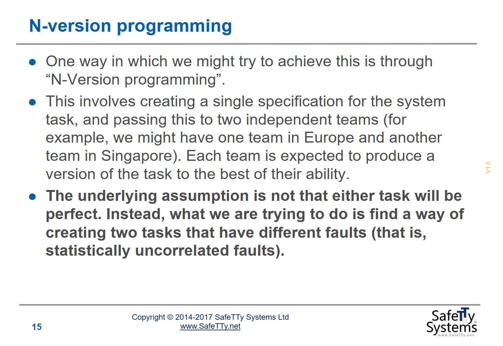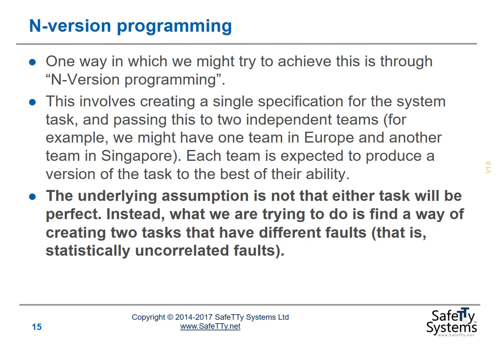It's very important to appreciate that we're not assuming that either task will be perfect. Instead, what we're trying to do is to find a way of creating two tasks that have different faults. That is, more formally, statistically uncorrelated faults. So that if we have a plane, we're 5 miles above the ground, task A in the plane fails, we replace that task with task A backup.